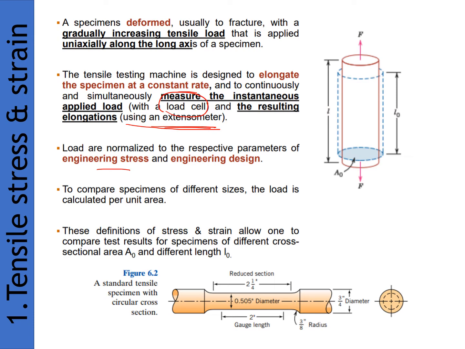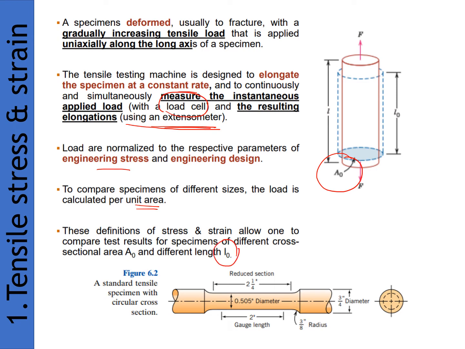So to compare specimens of different sizes, the load is calculated per unit area, denoted by A0. These definitions of stress and strain allow one to compare the test results for specimens of different cross-sectional area and different length, denoted by L0.